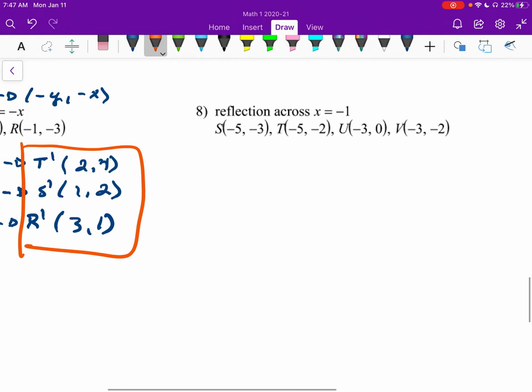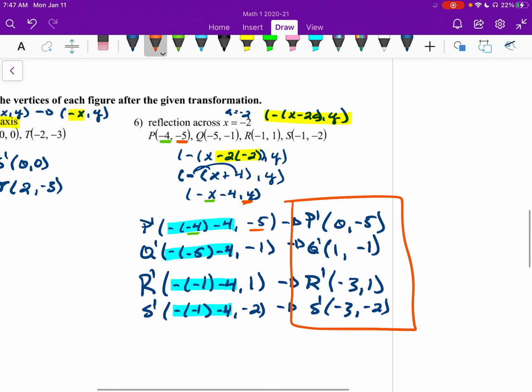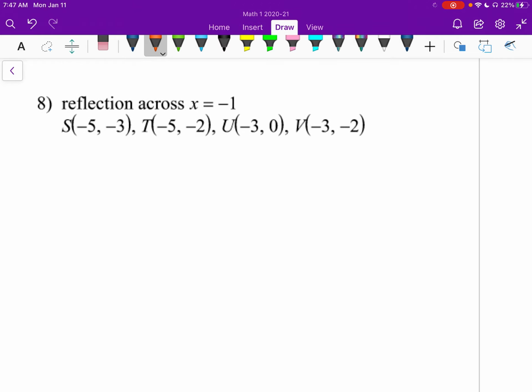All right, lastly, number 8. We're reflecting over x equals negative 1. Is that kind of like what we did last time? Yep. So my initial formula that we wrote down at the very beginning is (-x - 2a, y). Here, a is negative 1. Before I start, and this is what I did in the last one too, I'm going to try to make the formula easier to plug in.